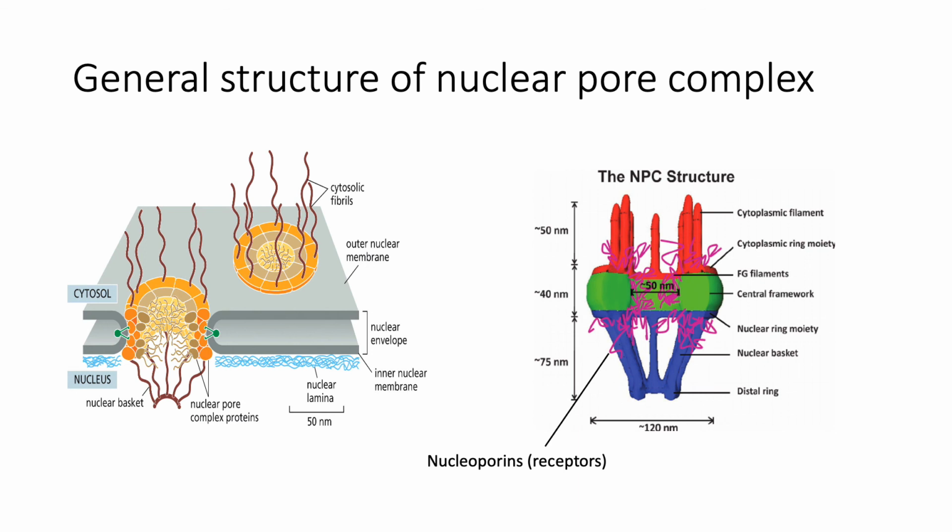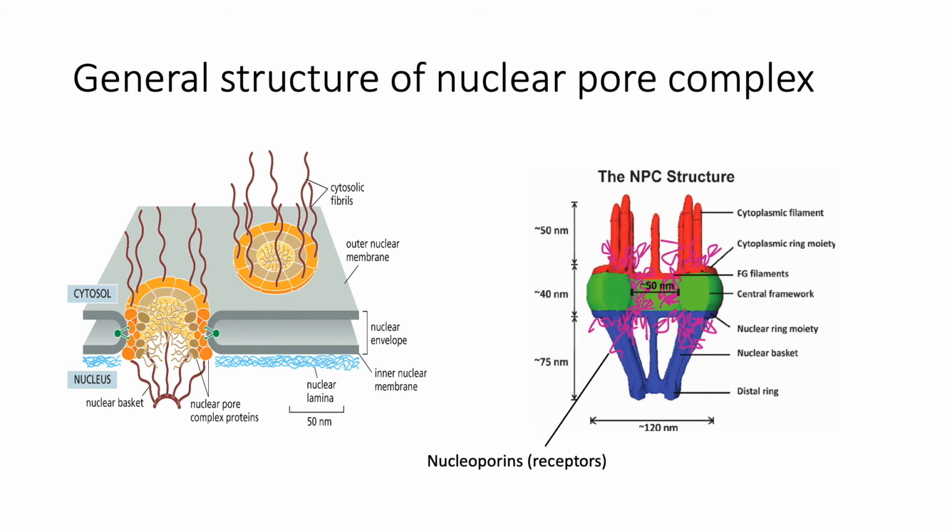So nucleoporins recognize the poly-A binding protein, for example, and then shuttle the RNA out of the nucleus. And the nucleoporins on the cytoplasmic side will recognize structures on proteins that are destined to enter the nucleus. So they're receptors that recognize specific products.